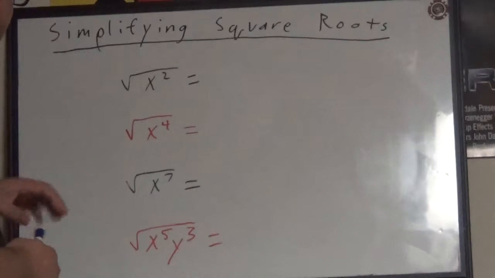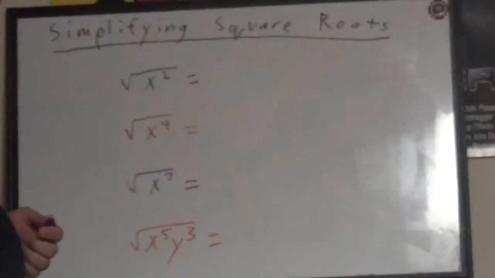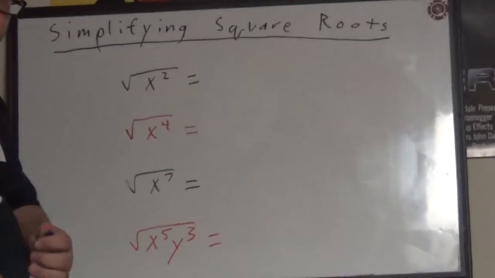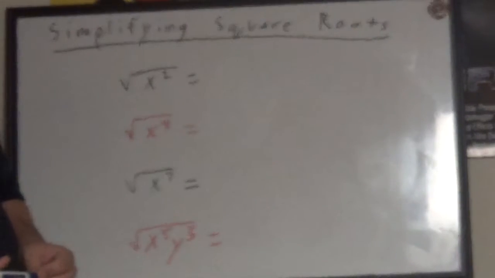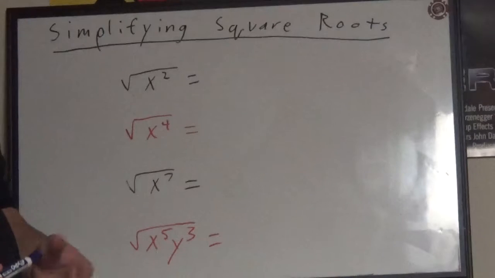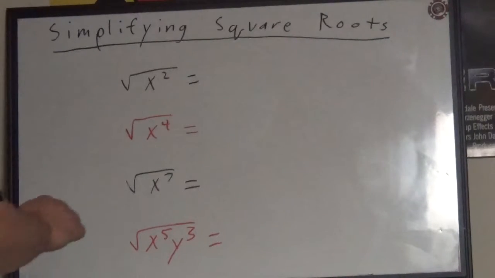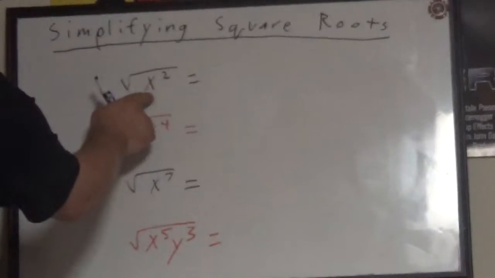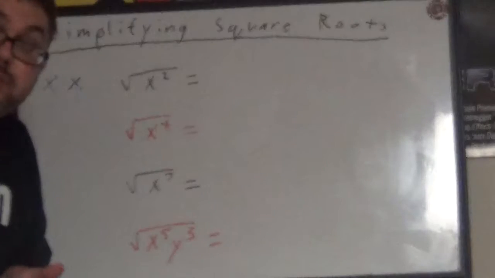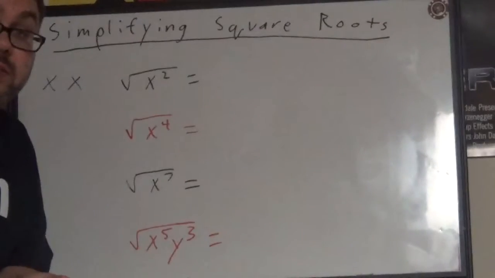So, to begin with, we'll start with the square root of x squared. Just let me remind you, in case you're a little confused about squares and square roots. Remember that when we have x squared, it means that we have x to the second power, so we have x times x.